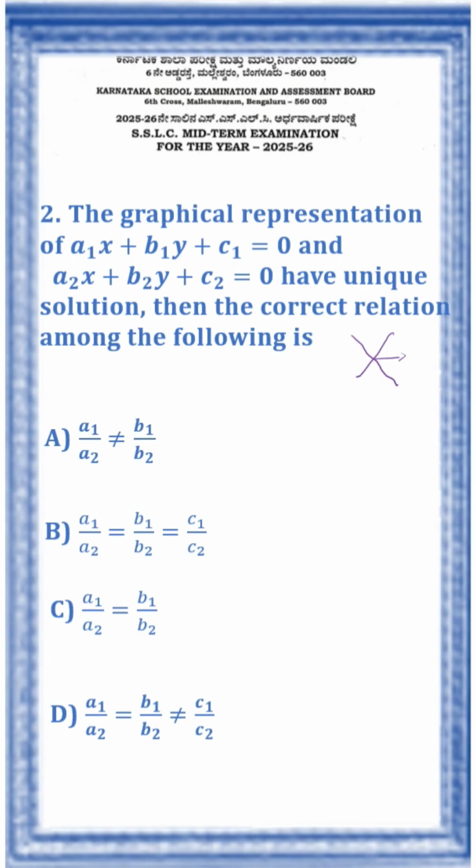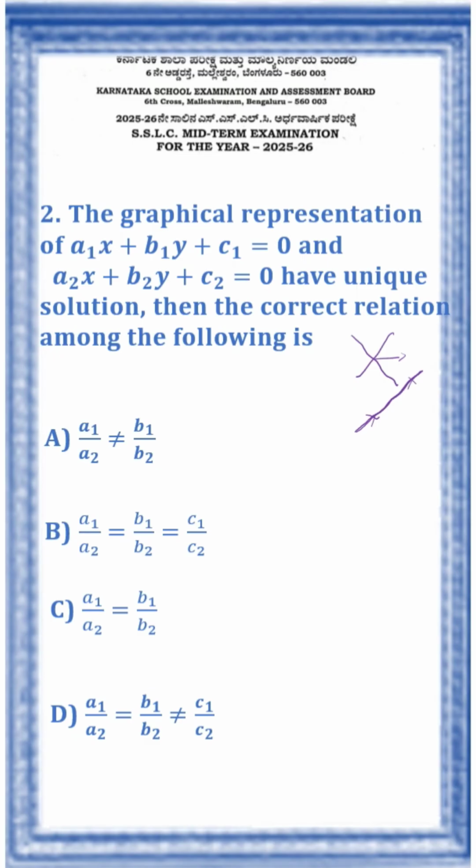A1 by A2 is equal to B1 by B2 is equal to C1 by C2. This is the case when the lines are coincident, means they fall upon one another. Infinitely many solutions this type of equation has.